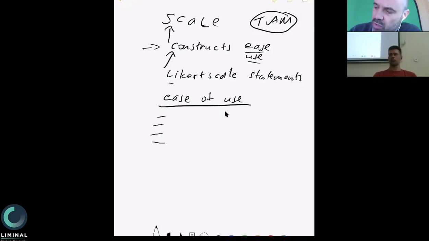Then you can also get a main scale where you don't look at the individual constructs anymore, you just measure one thing. Say, for instance, if it's stress, you just look at stress, you don't look at the individual constructs. But at this stage, you must just be sure what a scale is, the constructs, and that it consists of Likert scale statements. So now what we want is a valid questionnaire, so actually a valid scale in your questionnaire.